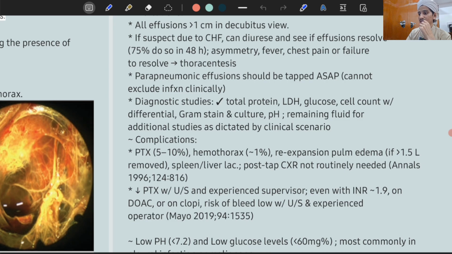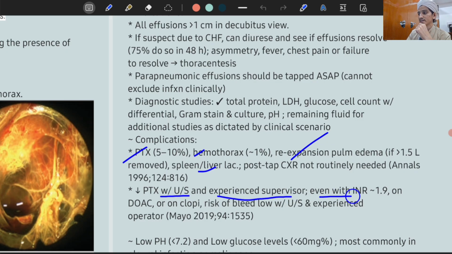How do you decrease the chances of complications? These complications can be reduced with ultrasonography and an experienced supervisor.